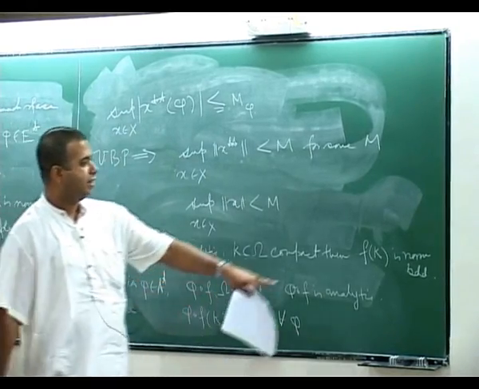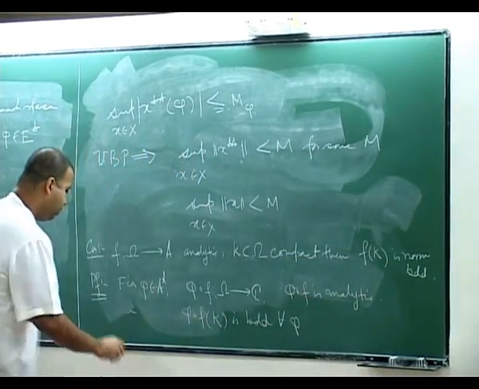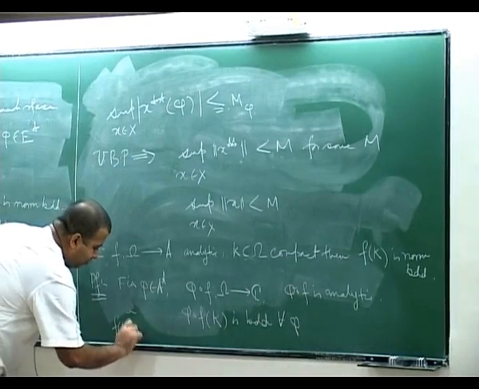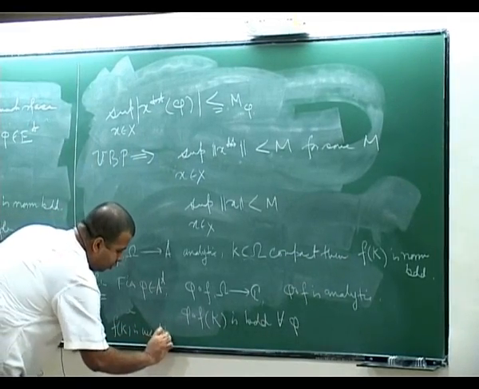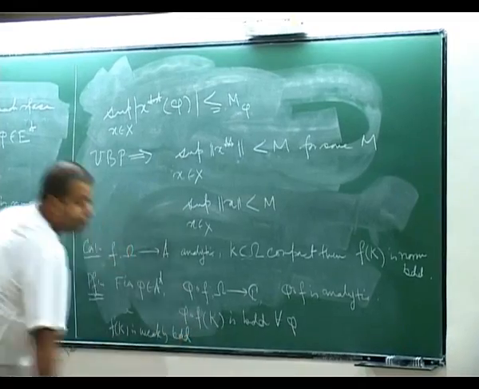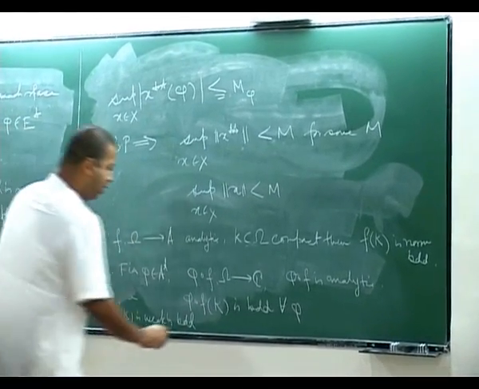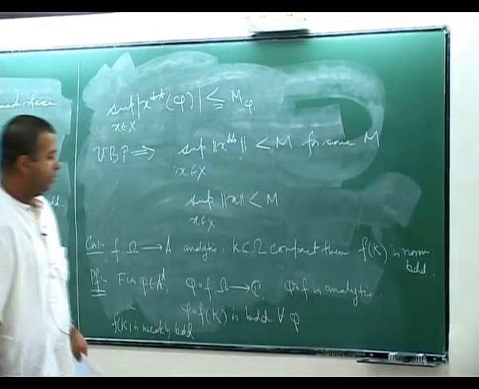That means that this set f(K) is weakly bounded. Therefore, by this lemma, it is norm bounded.